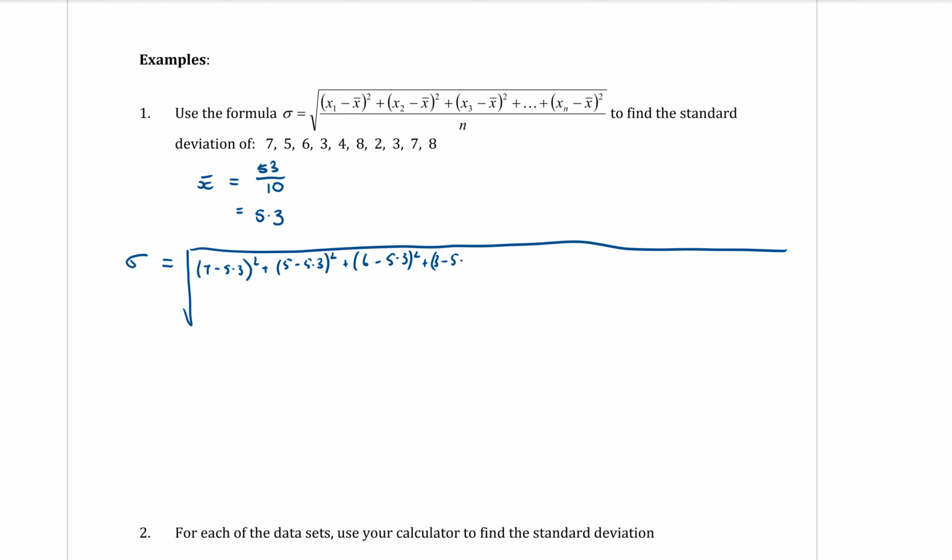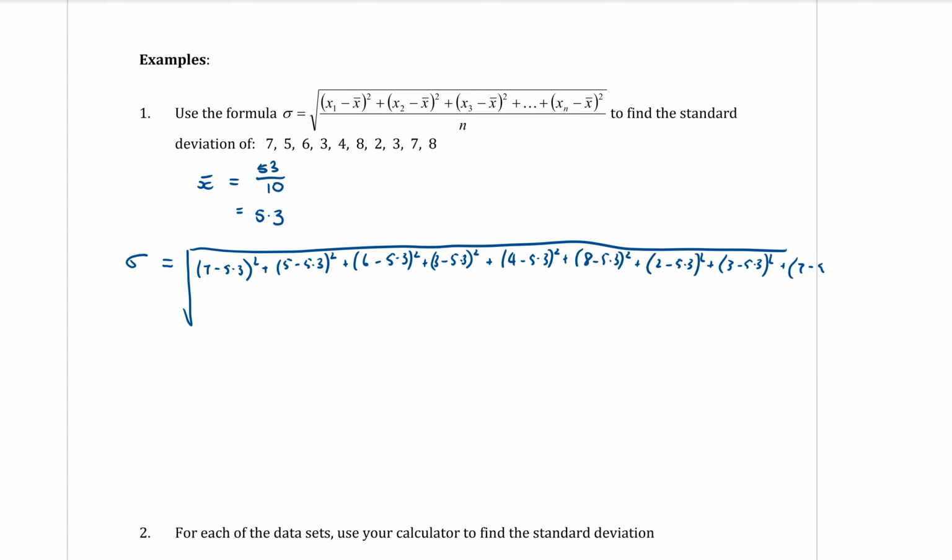Next one, 4 minus 5.3 close bracket squared. 8 minus 5.3 close bracket squared. 2 minus 5.3 close bracket squared. 3 minus 5.3 close bracket squared. 7 minus 5.3 close bracket squared.